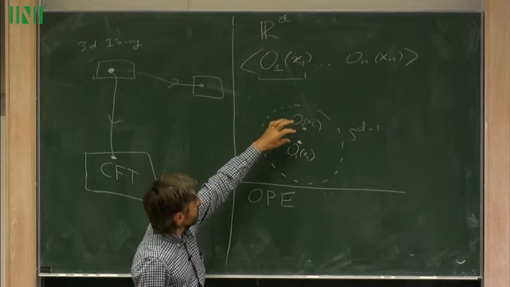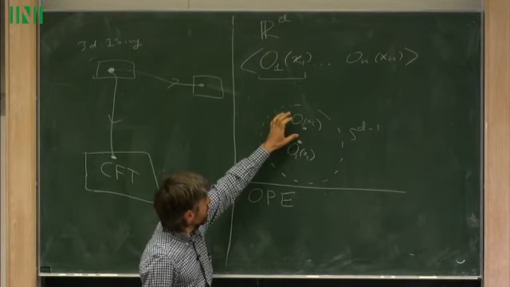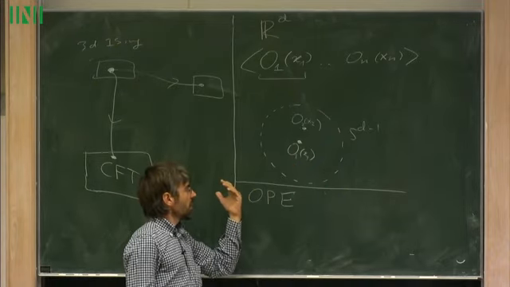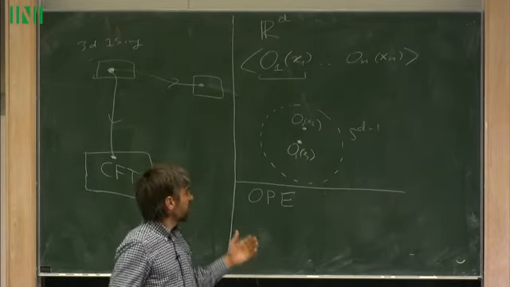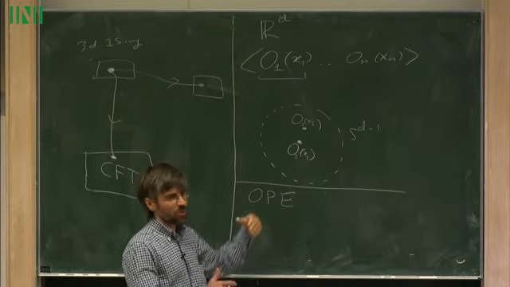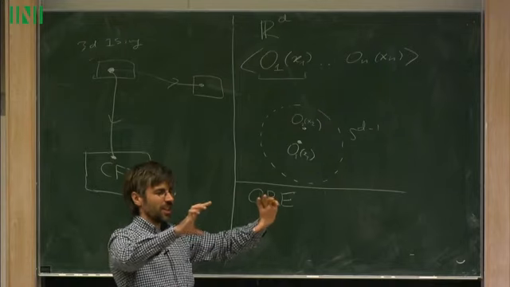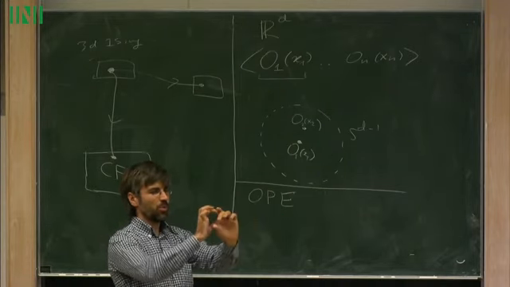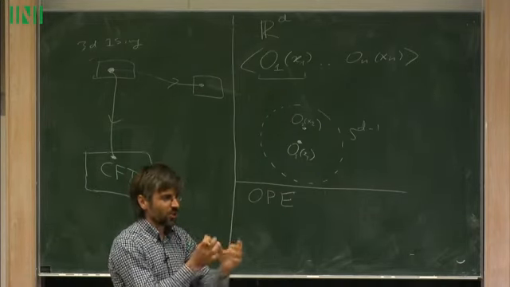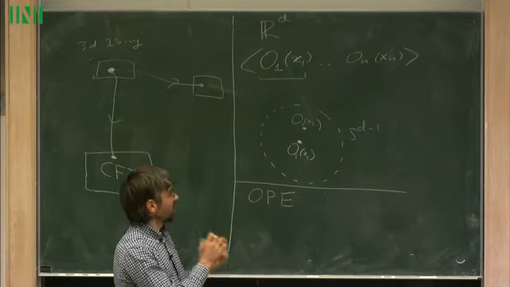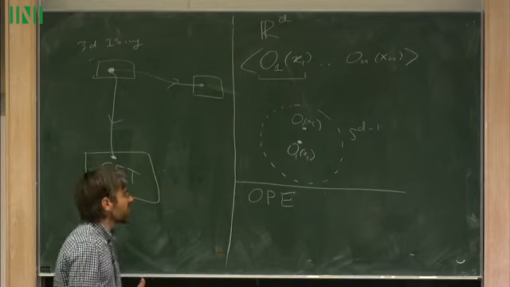So if I wrote down the whole list of operators, then it means that I know how to produce any state on the sphere. Because if I take a sphere, in a scale invariant theory, I can shrink the sphere to a point, and this becomes a local operator. So any state on this sphere, I can shrink to a point, and it becomes a local operator. This is called the state-operator correspondence.